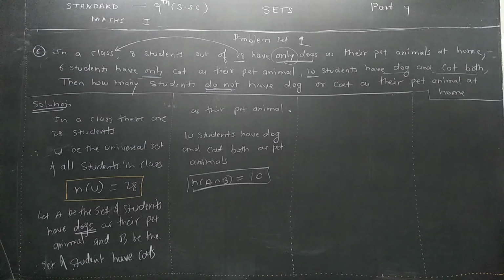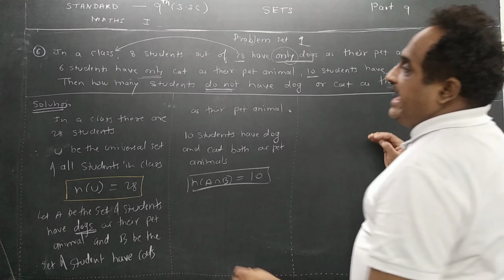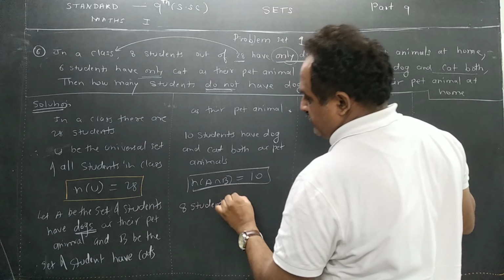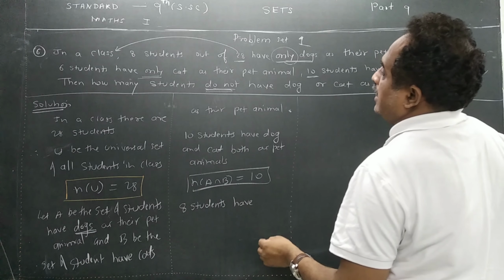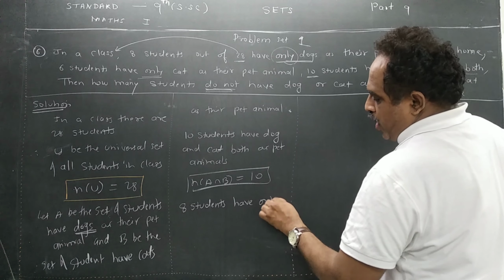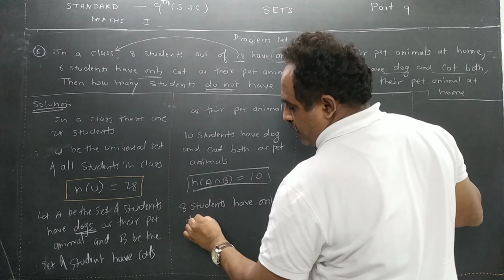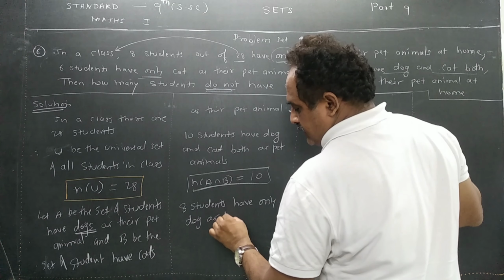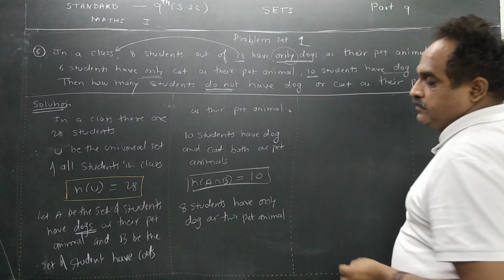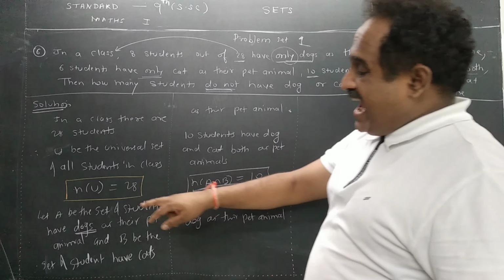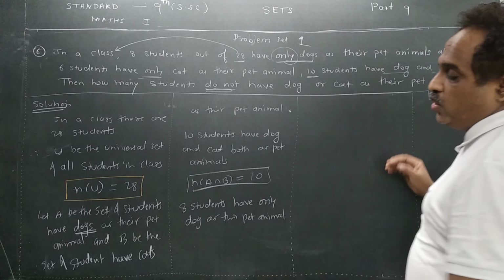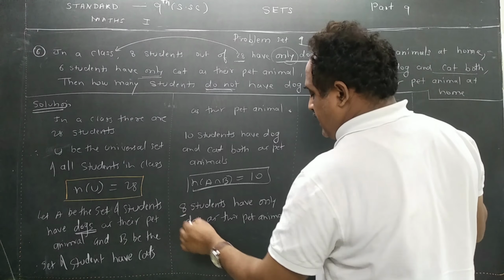Have you understood this? Now, 8 students have only dog as their pet animal. But I have taken A as a set of students. यहां तो 8 स्टूडेंट ऐसे हैं जिनके पास खाली डॉग ही है.